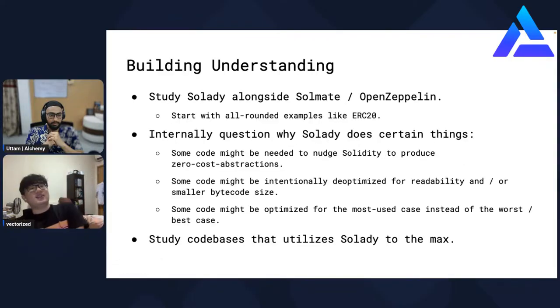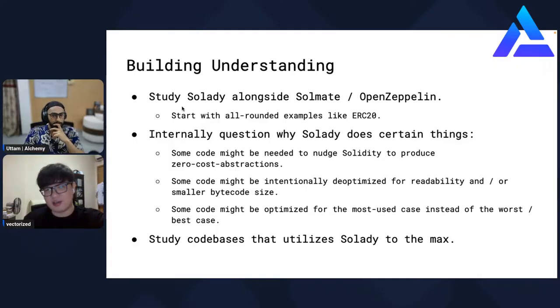So how to build an understanding? I say if you really want to go into the details to get a very good feel, of course, Rareskills is one of the best courses. But if you want to DIY your experience, you can read some Solidity contracts, study them alongside Solmate or OpenZeppelin.